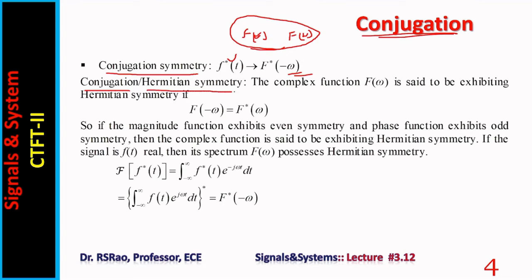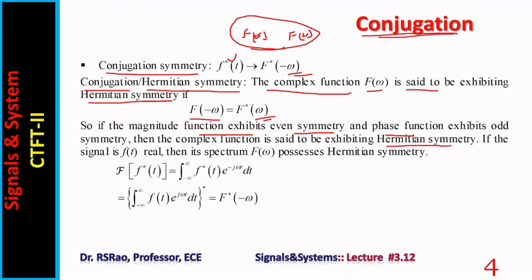Now, some information regarding conjugation symmetry. Conjugation or Hermitian symmetry. The complex function F of omega is said to be exhibiting Hermitian symmetry if F of minus omega is equal to conjugate of F of omega. So if the magnitude function exhibits even symmetry and phase function exhibits odd symmetry, then the complex function is said to be exhibiting Hermitian symmetry.